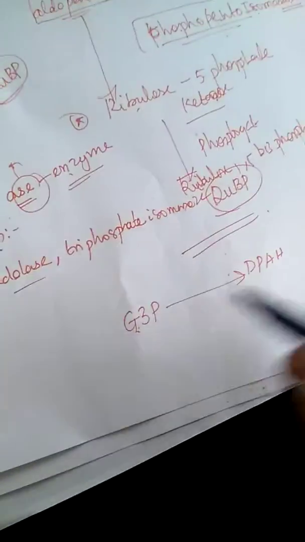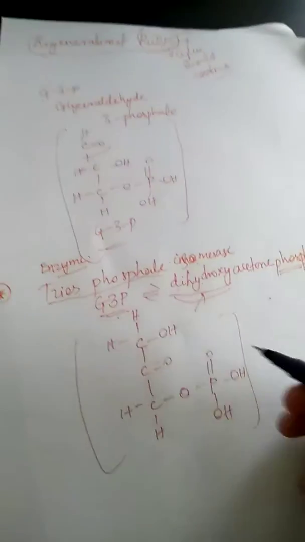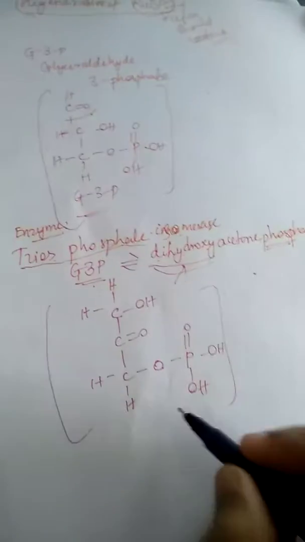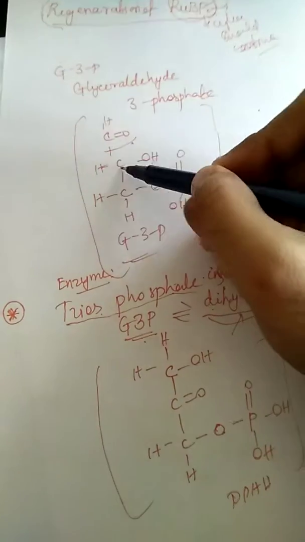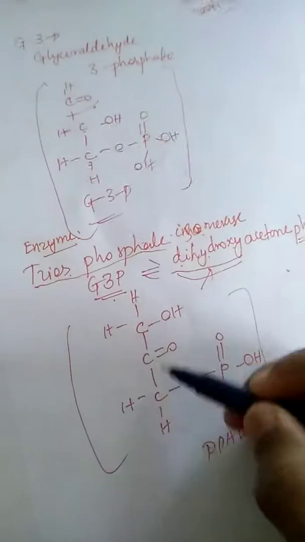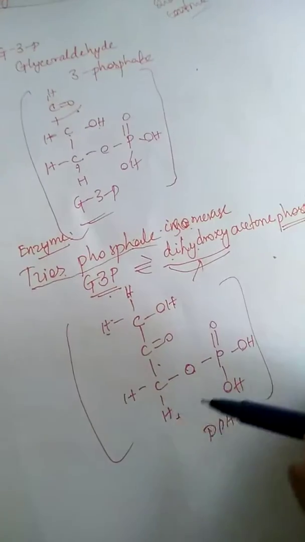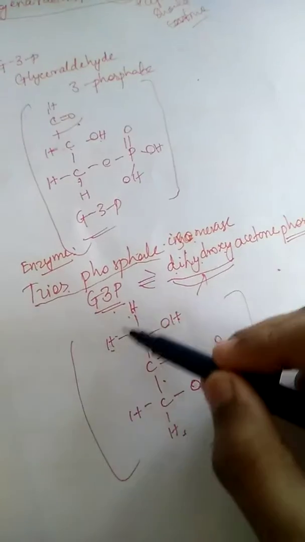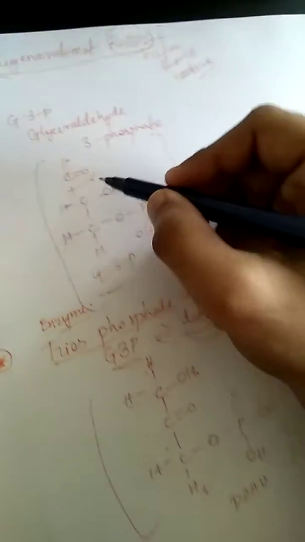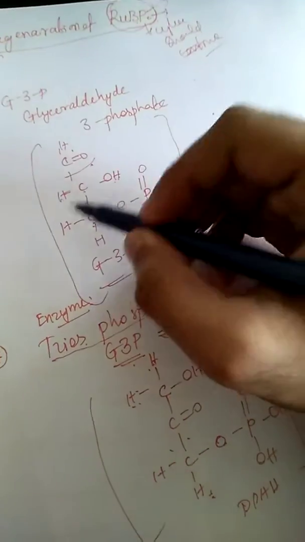You see these two are isomers. If you look at the structure, this is the structure of G3P and this is the structure of DHAP. They're both isomers because they have 3 carbon atoms and 5 hydrogens, including those in the phosphate group.